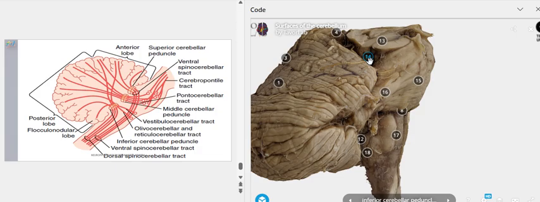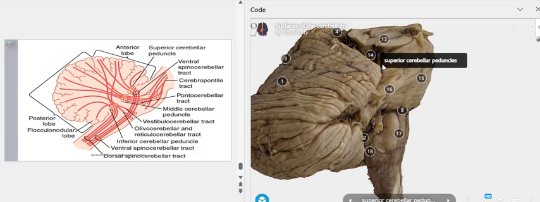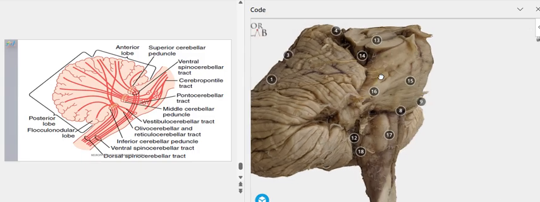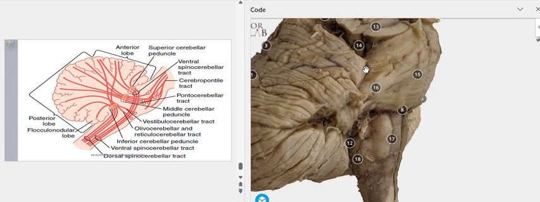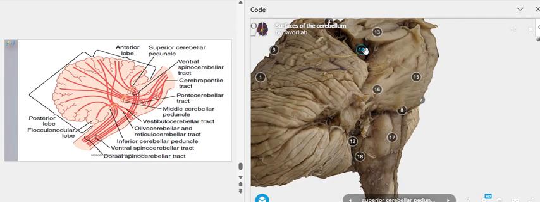Here we can see the superior cerebellar peduncle represented by a cartoonish image, meaning that it allows for the entry of many nerve fibers or nerve tracts. So that is the superior cerebellar peduncle, and we also have the middle one, as we are able to see, the middle cerebellar peduncle.